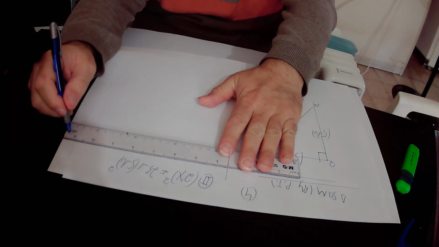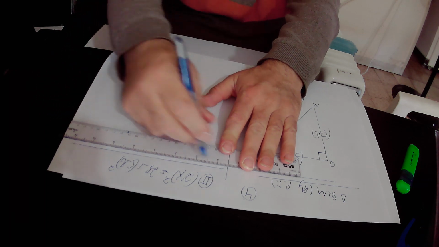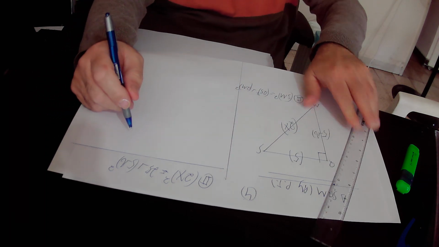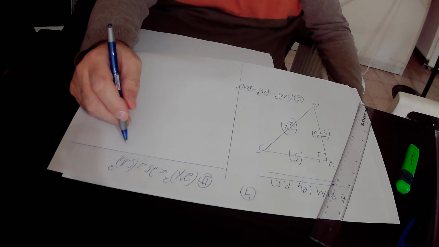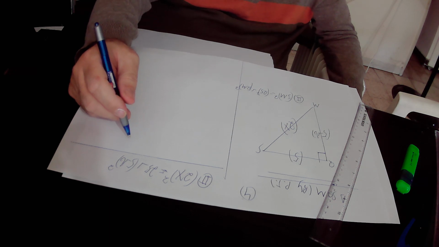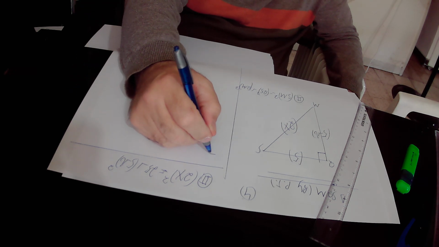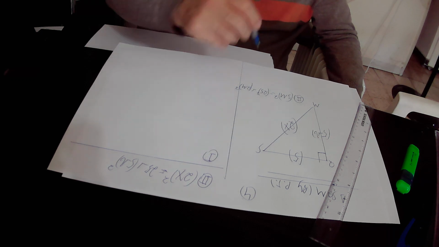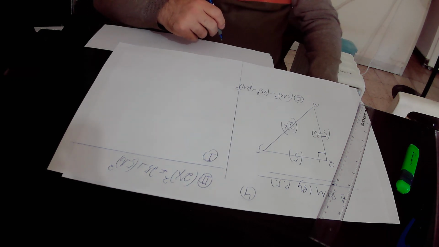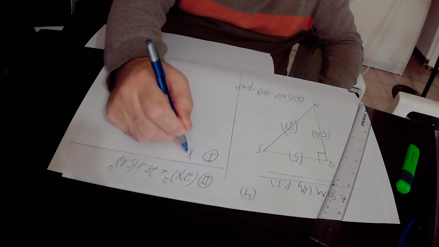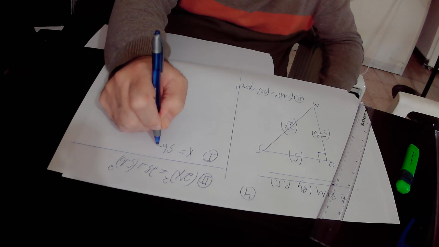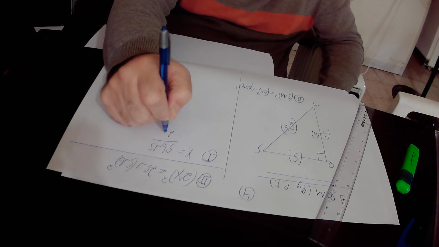So according to equation number 2, we found out that (2x) squared equals 25 plus (5 plus b) squared, while according to equation number 1, we have found out that x equals (5b plus 5) over 2 times square root of 5.